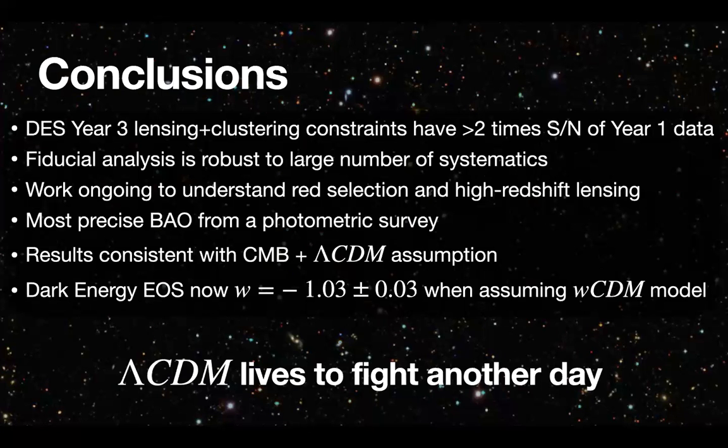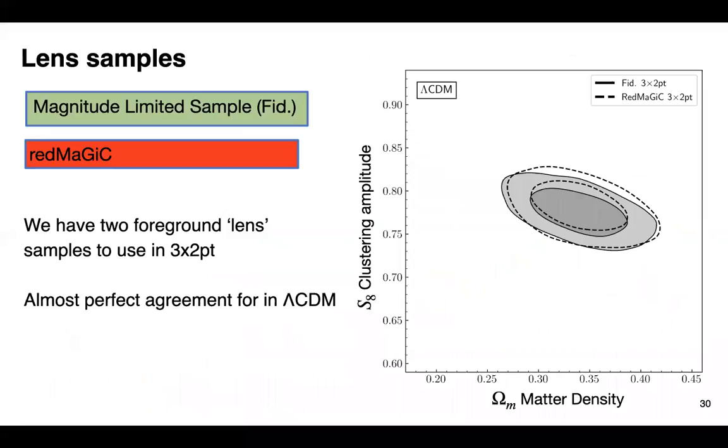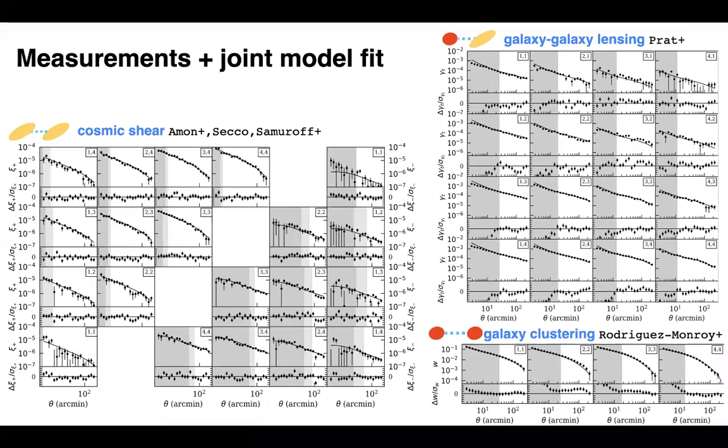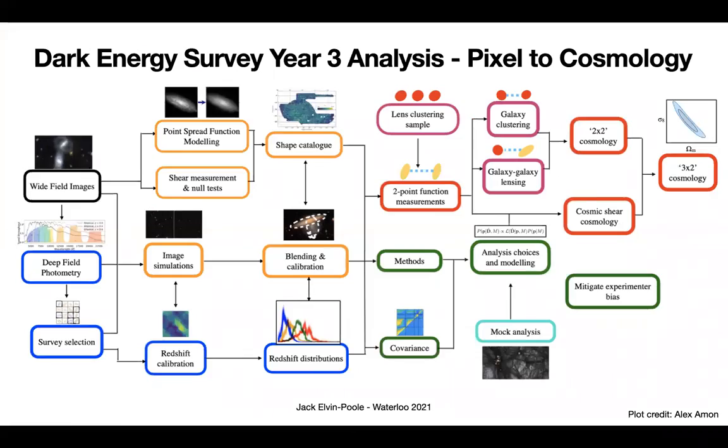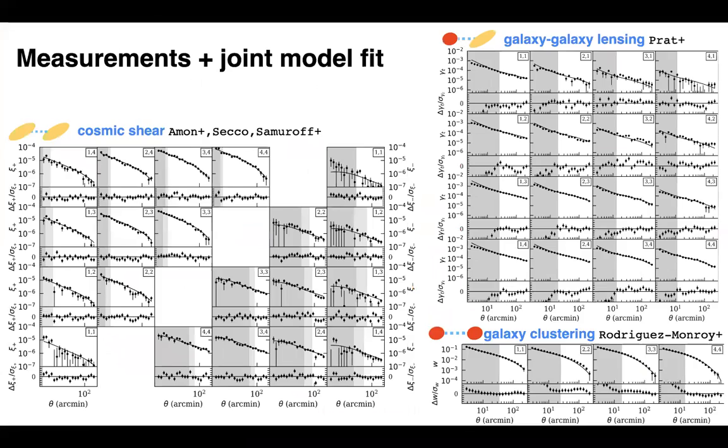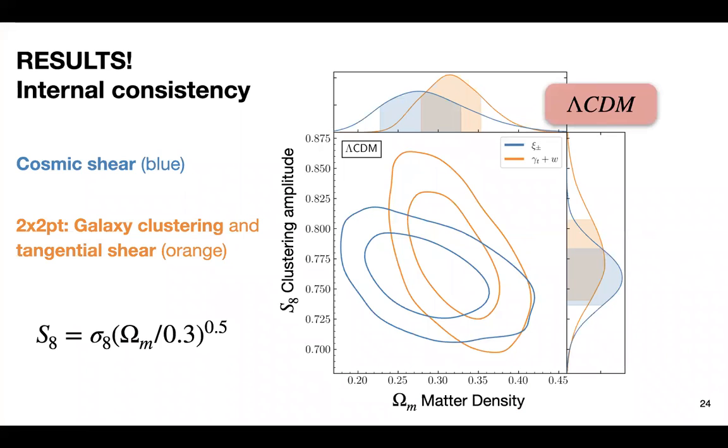I am muted. If you go right back to the beginning, where you had, I think, the magnitude limited sample, you show the contours for the galaxy-galaxy lensing and for the cosmic shear. I think it's that one. Yeah, that's right.